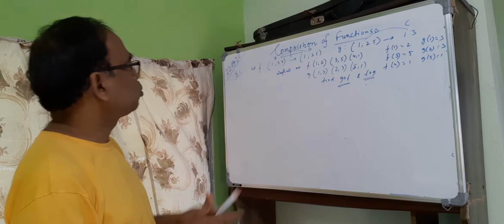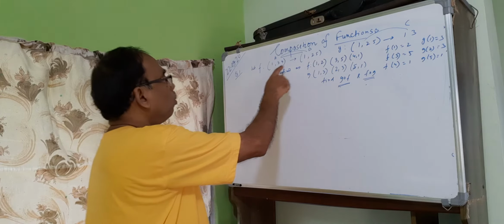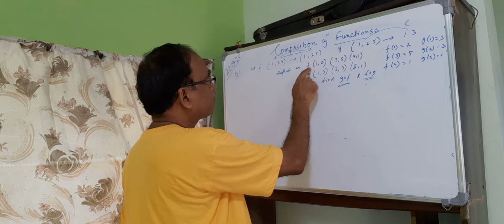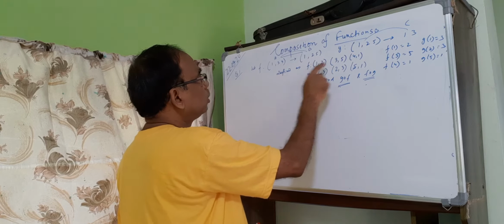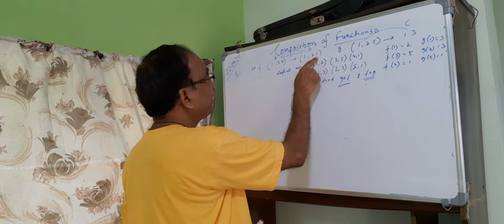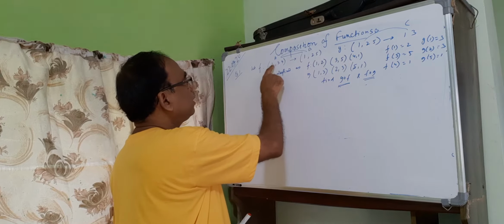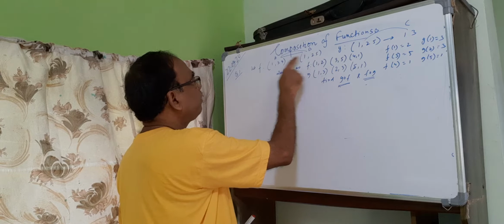Here the two functions are defined: F is the function with ordered pairs (1,2), (3,5), (4,1).